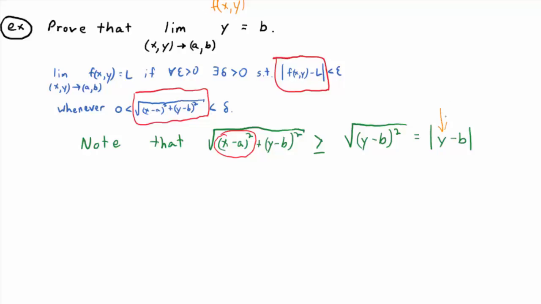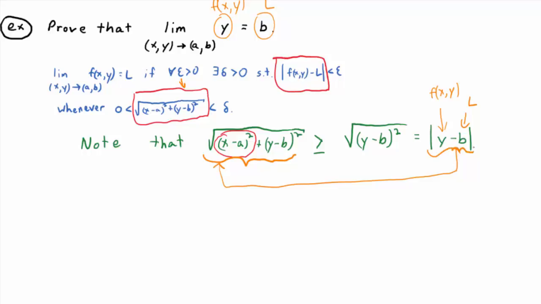This y value, remember, is our function. And this guy right here is our L. So f(x,y) minus L, oh, we've made our connection, haven't we? Between this guy in the statement and this guy in the definition.